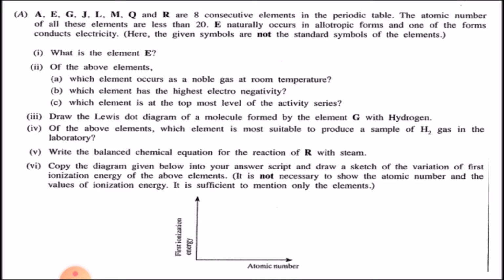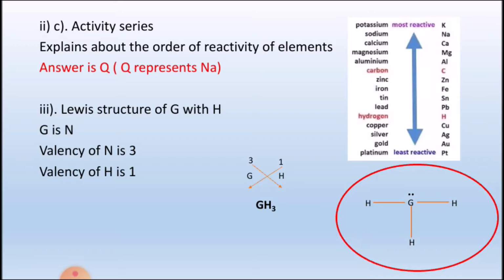Okay, then the element which is at the top of the activity series. This image is a concise depiction of the relative positions of elements in the activity series, and at the topmost level it shows the most reactive elements, and at the bottom the least reactive elements.